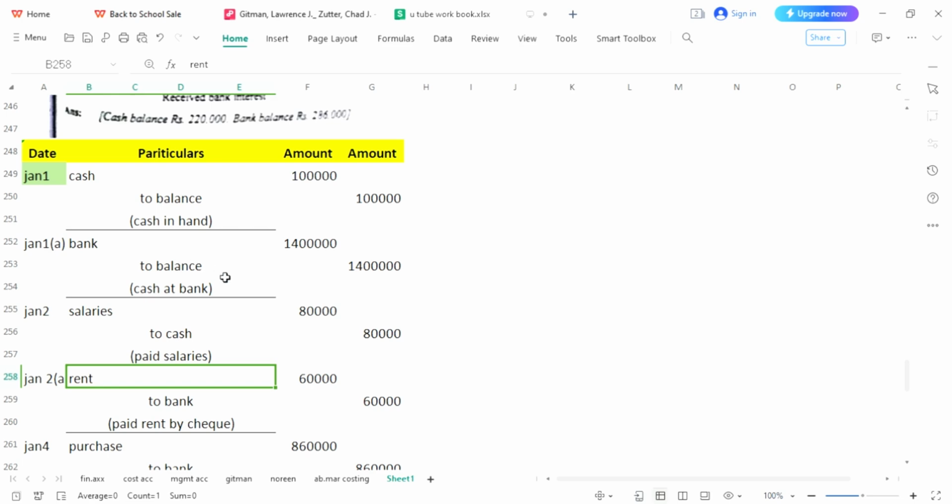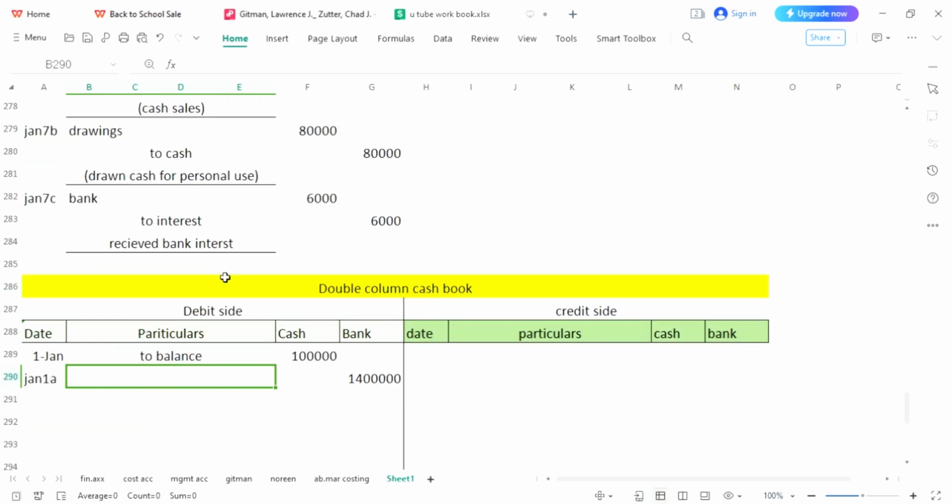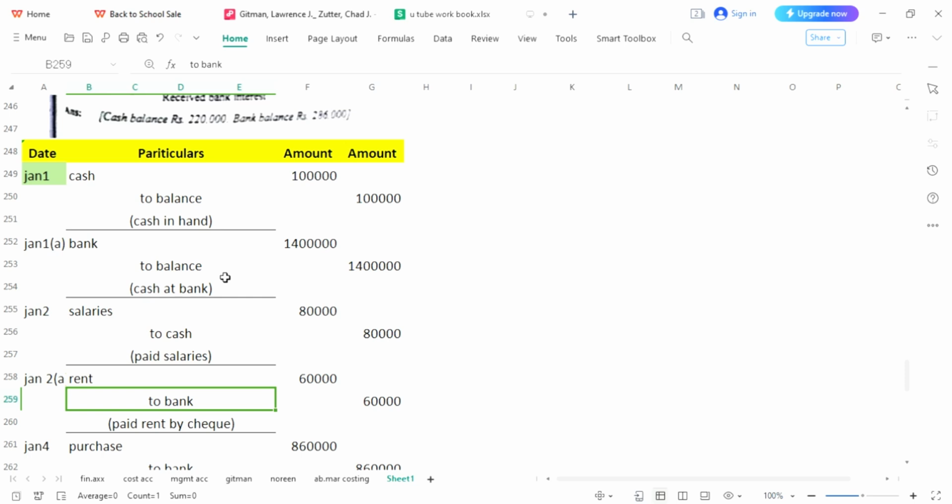Bank was debit and the opposite side was filled with balance, so you will write balance. In this way, our second entry has also been completed. We are marking it as it has been done. Now please note it down. If cash or bank is debit in journal, we will be debiting the same in the ledger as well. If cash is debit in journal, it would also be debited in the ledger or cash book.